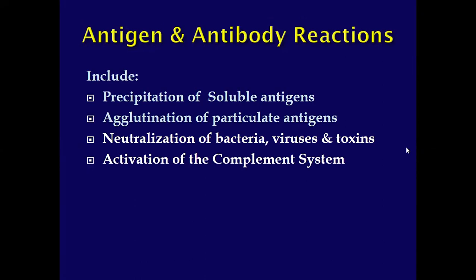Okay? And then the second reaction is agglutination of particulate antigens. Examples of particulate antigens are red blood cells, or some carrier molecules to which the soluble antigen is attached so that the reaction becomes visible, like colloidal charcoal or red blood cells.